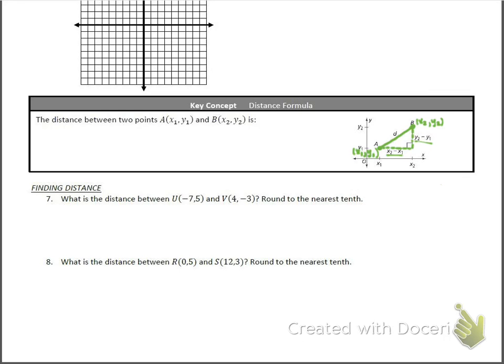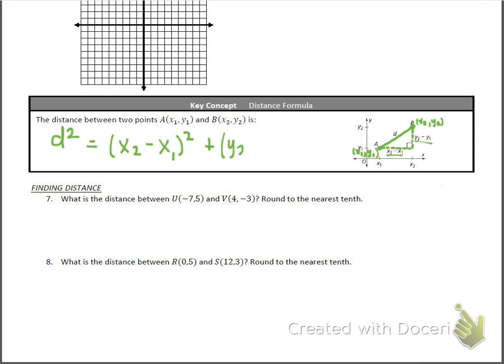So then to find D, we just plug it into the Pythagorean theorem. Okay? So to find the distance between these 2 points, we plug in d squared equals, the length of one leg is x2 minus x1. So x2 minus x1 squared, plus, what's the length of the other leg? This one right here. y2 minus y1.